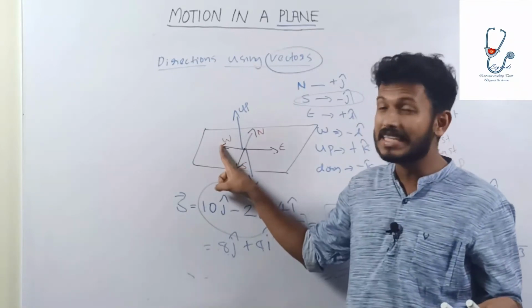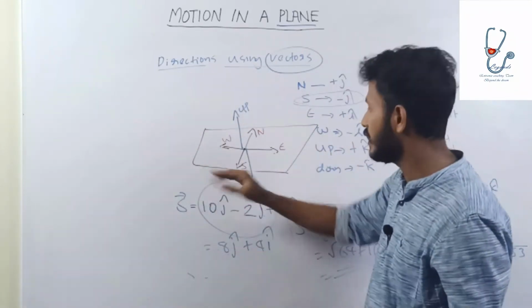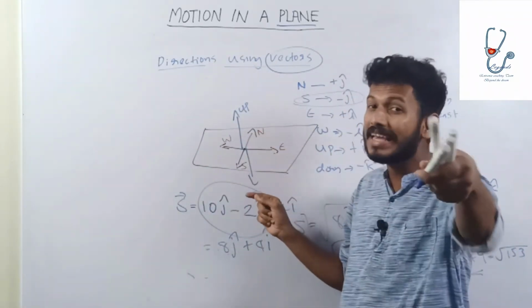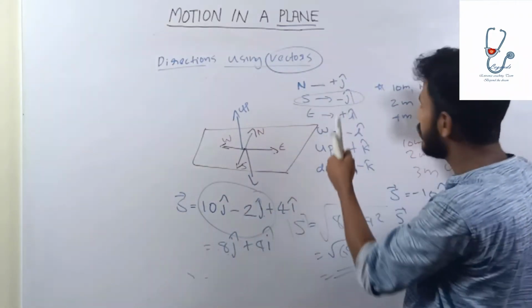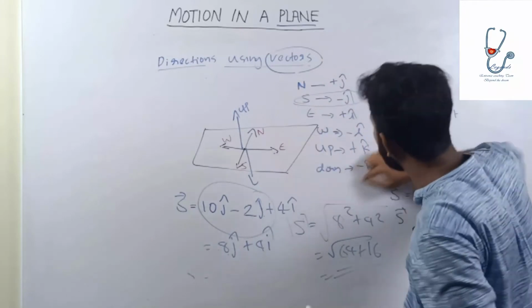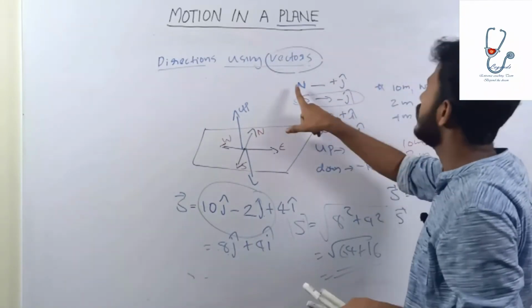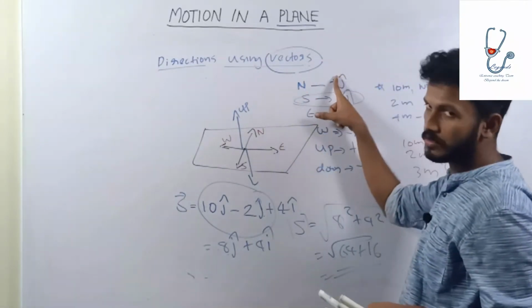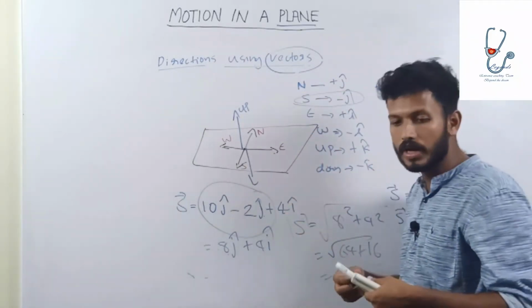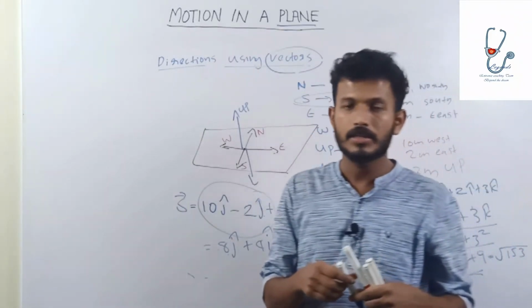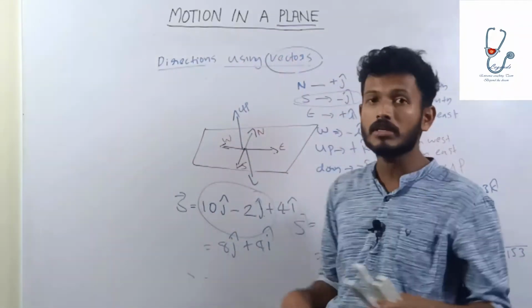West is minus I cap. These are the representation vectors. Look at the question and put the values involved, including directions, by using vectors. So we can find answers very easily. That is directions using vectors.